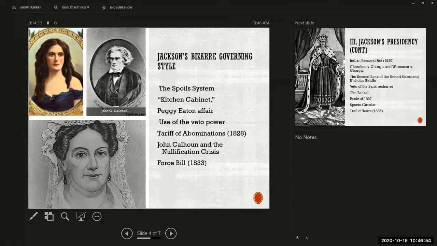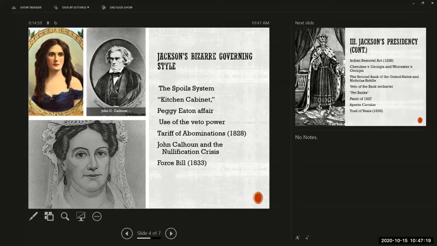Another thing that Jackson did in his governing style was to really antagonize the wives of Washington, D.C. Washington wives were extremely important in sort of greasing the wheels of sociability in the 1820s. They were the ones who held dinners where the husbands came and talked politics.